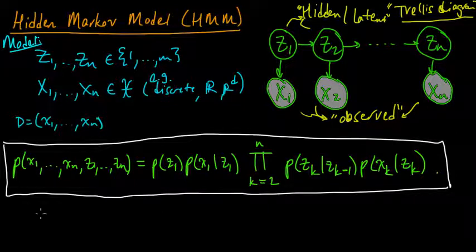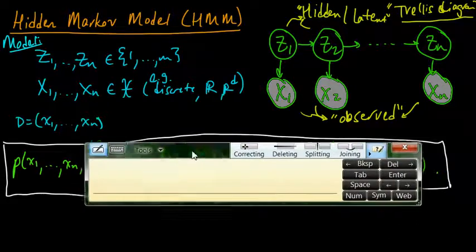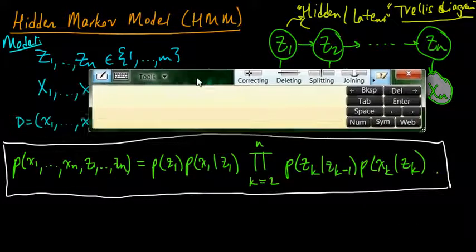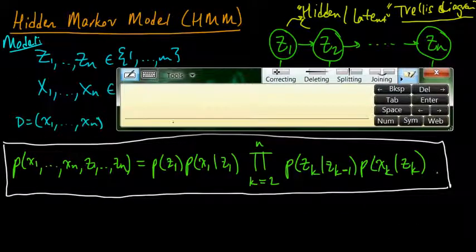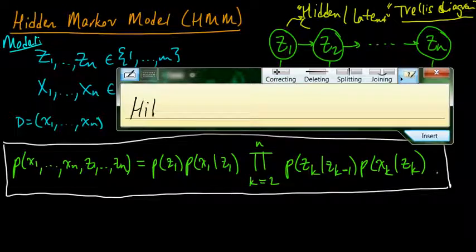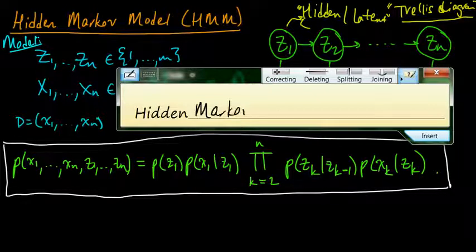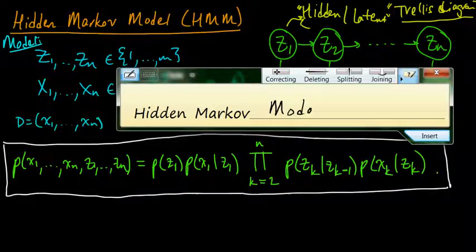Let me show you a cool little thing. One of the applications of hidden Markov models is handwriting recognition. I have this little application for my pen tablet, and I thought it was so cool. I think they probably use HMMs for this, but if they didn't, they could.